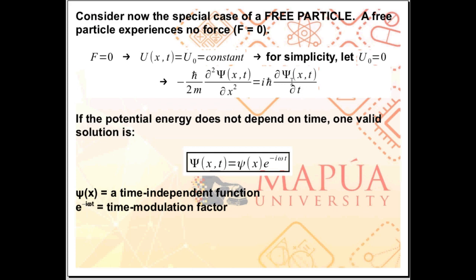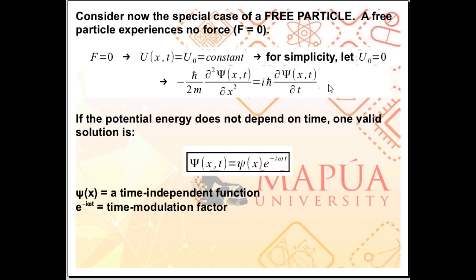If you differentiate psi with respect to time, since small psi is just dependent on x, it will be outside the differentiation. You are just differentiating the time modulation factor. So the right side will result in psi of x still being present.